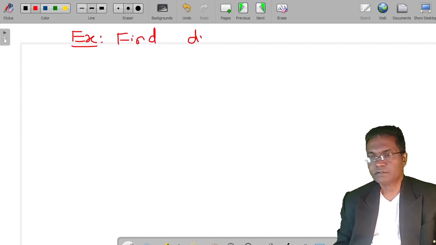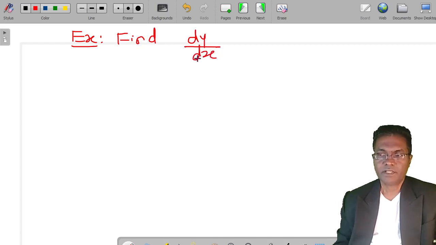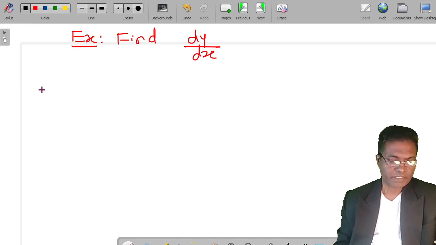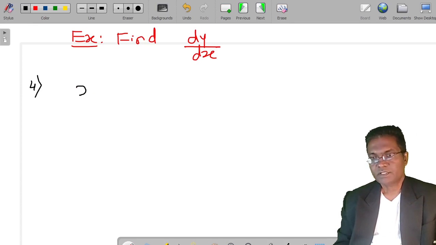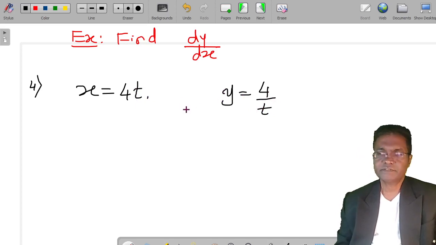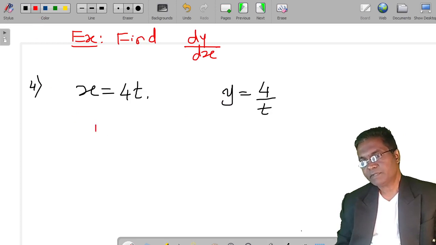This is example 4: x is equal to 4t and y is equal to 4 by t. Okay, x and y are functions of t. So find dx by dt and dy by dt.